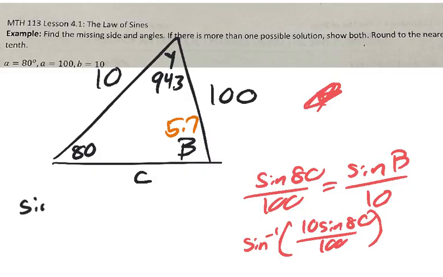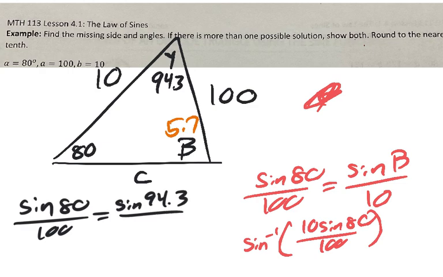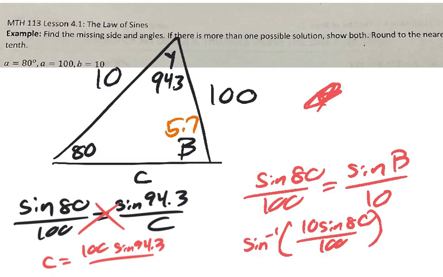What we got? Sine of 80 over 100 equals sine of 94.3 over C. So it should be C equals 100 sine of 94.3 over sine of 80. Exactly what I did, and I got -7. Probably in radians. I'm in degrees. Double check it.